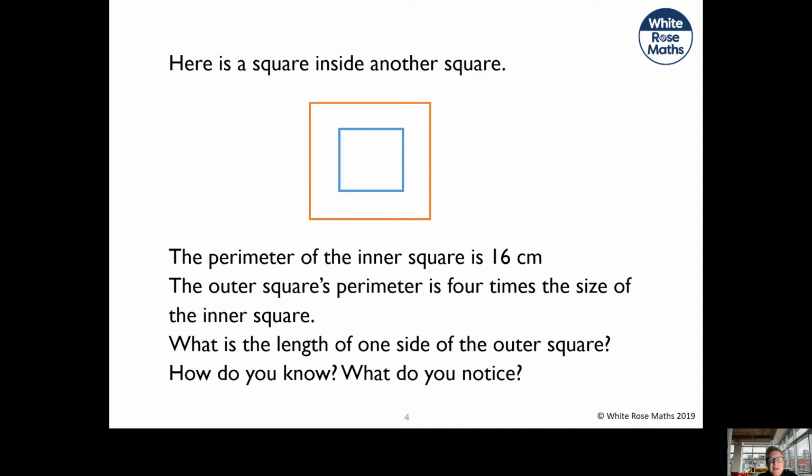So here is a square inside another square. The perimeter of the inner square, the blue one, is 16 centimeters. The outer square's perimeter is 4 times the size of the inner square. What is the length of one side of the outer square? How do you know, and what do you notice?